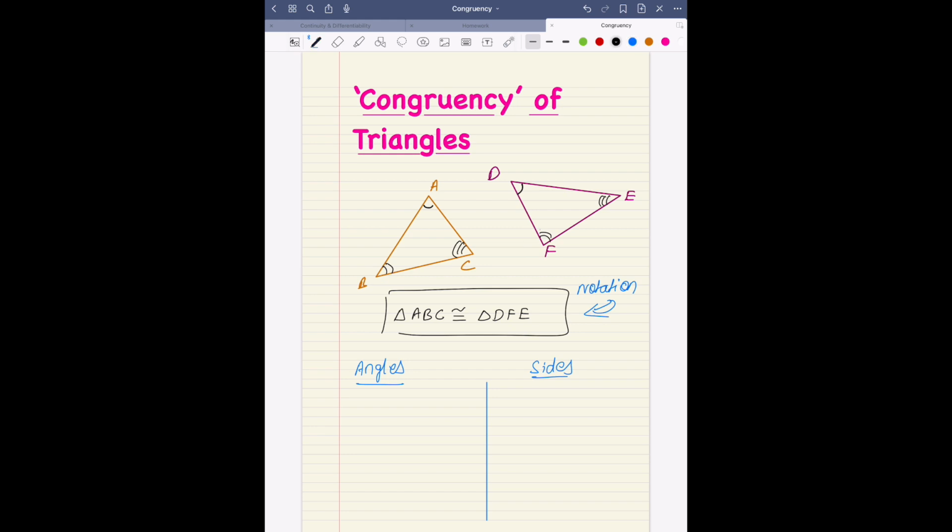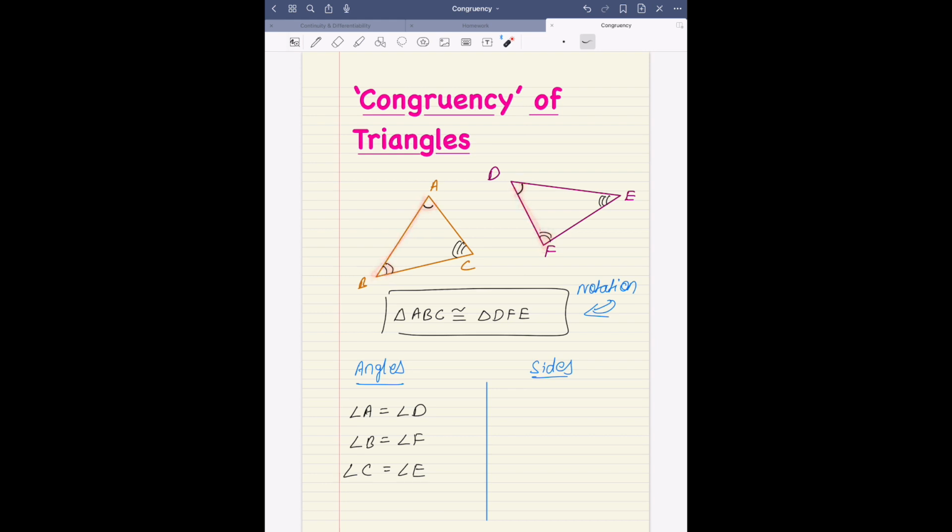First, let's write the angles. Angle A is equal to angle D, angle B is equal to angle F, angle C is equal to angle E. What about the sides? Very simple. Look at the notation. If you are taking AB, then DF will be equal.